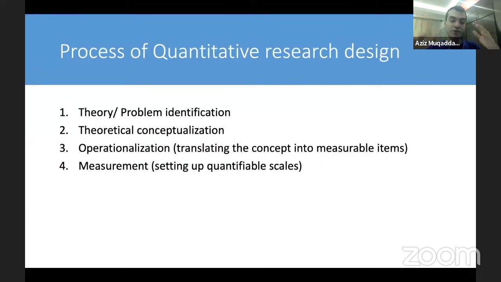And then the conceptual definition will have statements that are aimed to translate it into measurable items or measurable criteria. And then when you attach numerical values to those criteria, you're doing the measurement part, the quantification part, right? So that's what we learned last week.